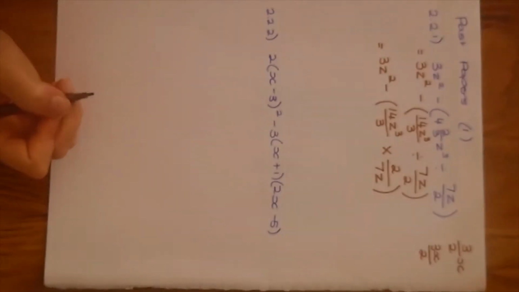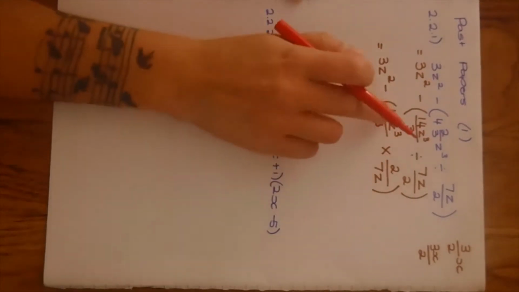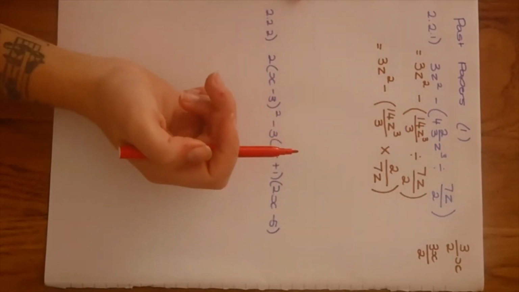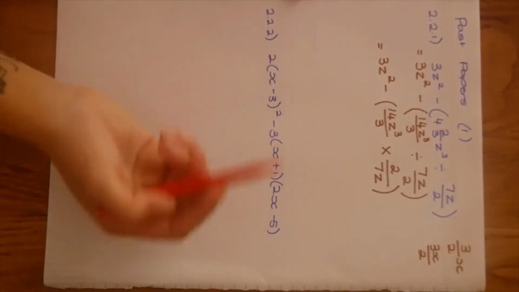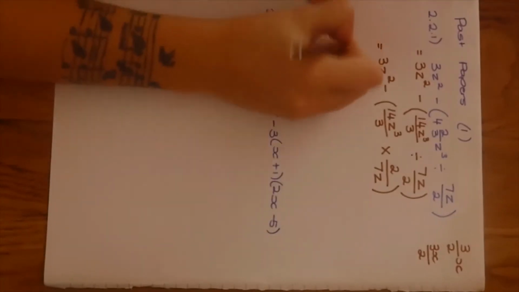Now you are allowed to do more than one thing here. You can either cancel stuff out that's between these two, or you can cancel stuff out that's between those two, or you can just say top times top and bottom times bottom. Let's stick with top times top and bottom times bottom. I think it makes it a bit easier.